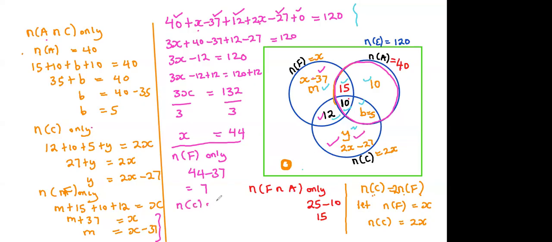That one is 2x minus 27. So you first set 2 times 44 minus the 27, which will give you 60. I think it gives us 61. So it will give us a 61.